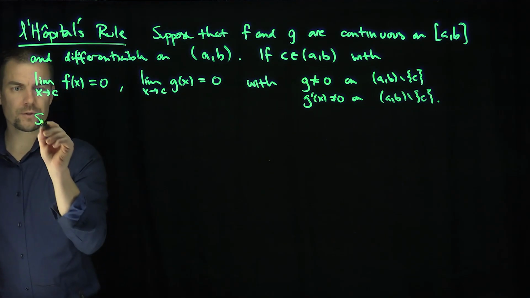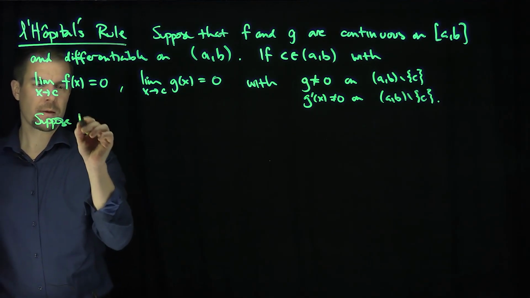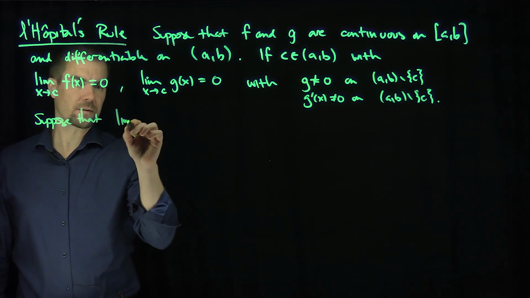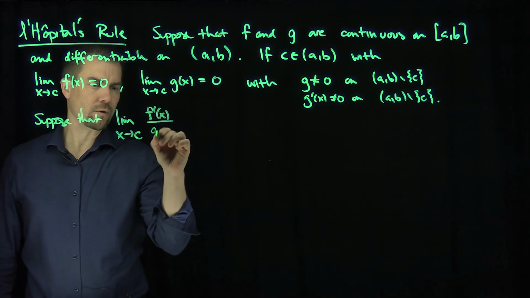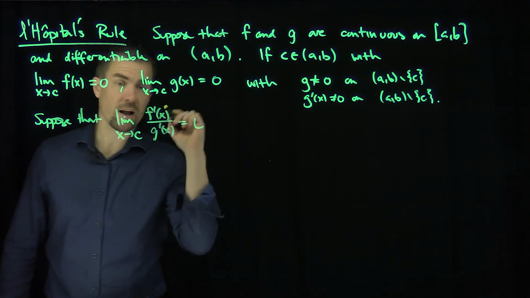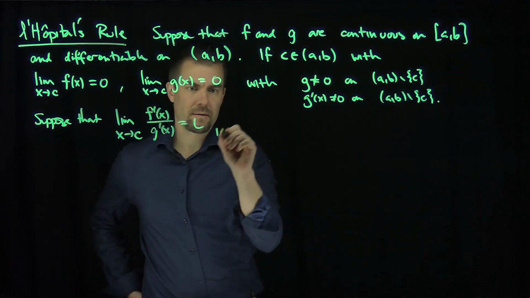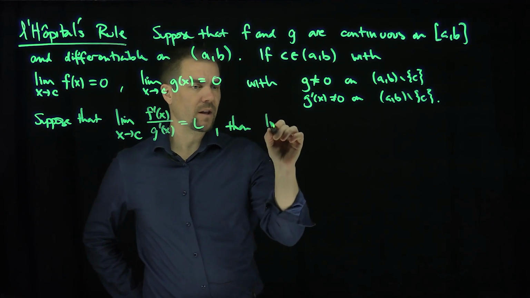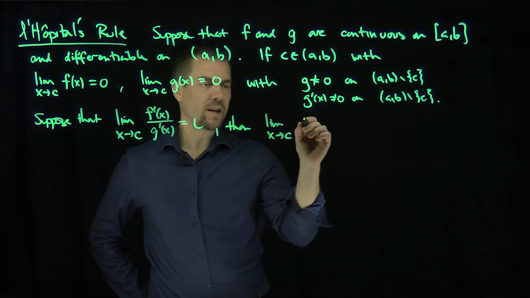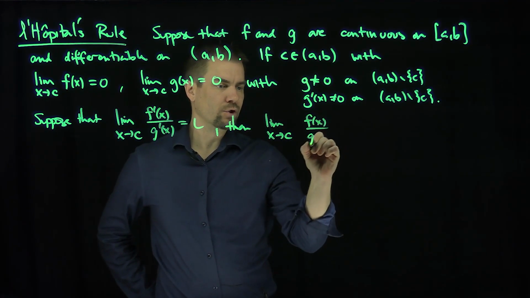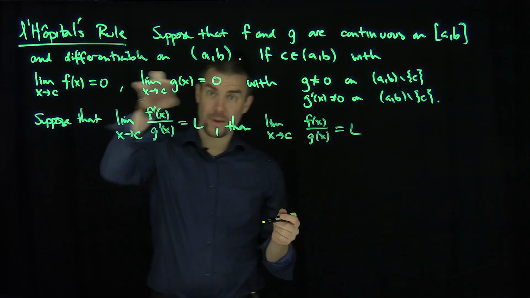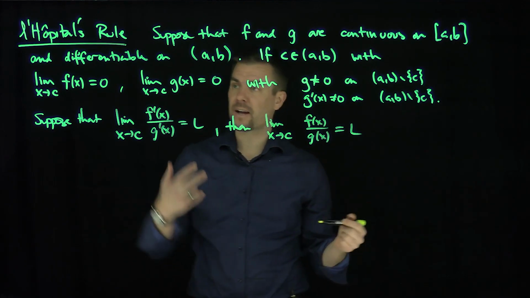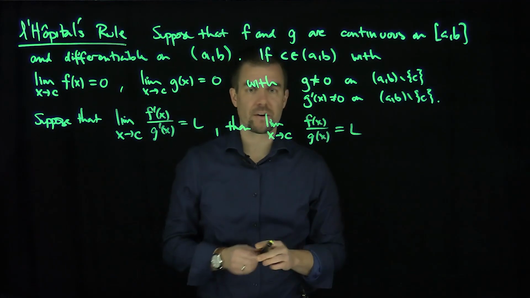So L'Hopital's rule says, suppose that the limit as x goes to C of f prime of x over g prime of x is equal to L, then, according to L'Hopital's rule, the limit as x approaches C of f of x over g of x also approaches L. Okay, so even though they're both going to 0, a 0 over 0 form, which is the typical L'Hopital thing, I still have that the limit of f of x over g of x goes to L.